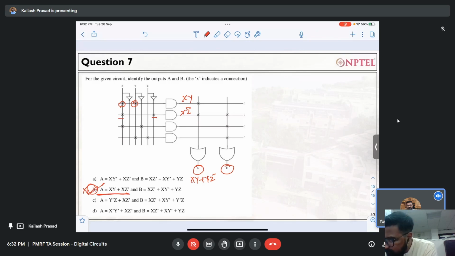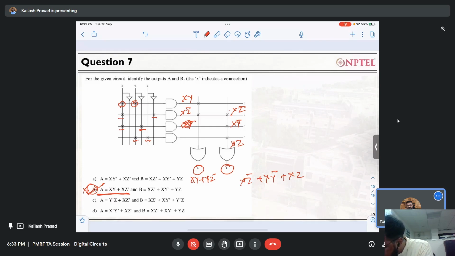This is connected with X and Y bar, so this will be X Y bar. And this one will be Y and Z, YZ, and this is connected with three.